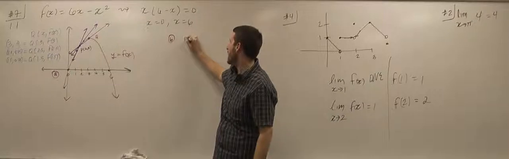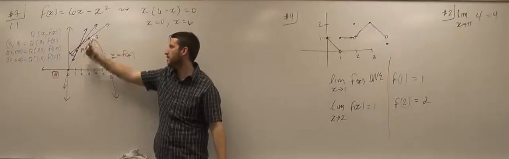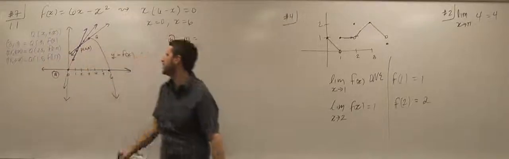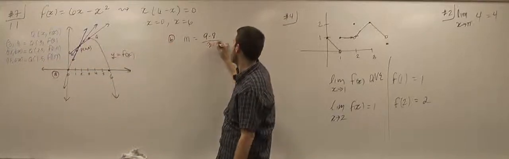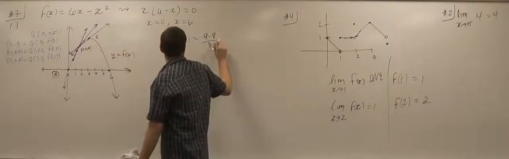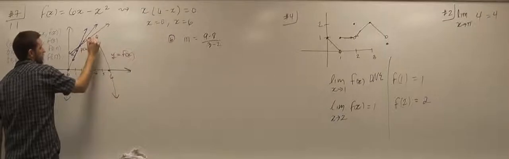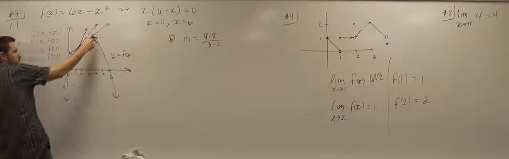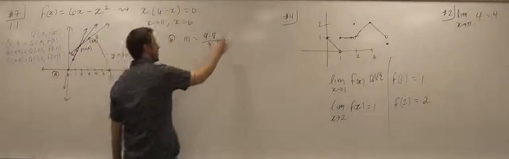So we would do m equals, and we would use, first do P and Q with 3 comma 9. So like 9 minus 8 over 3 minus 2. So you're just calculating slope formula, 9 minus 8, 3 minus 2. So that gives you 1.